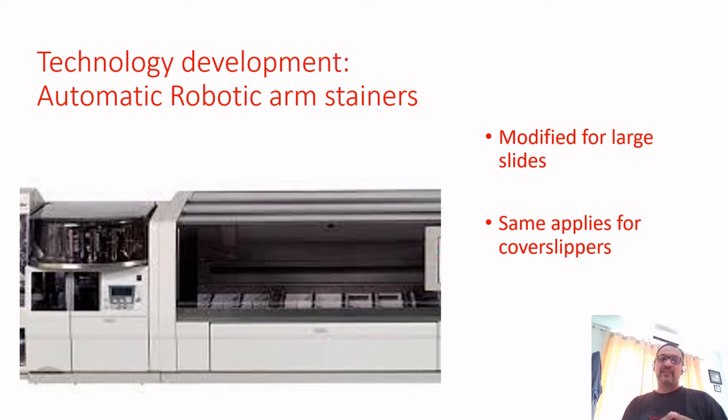We have automatic robotic arm stainers, which take a bunch of slides, dip them in whatever solutions we need for X number of times, and also cover slip them, and the end result is you already have a stained section on a glass slide for further analysis. It's important to develop this automation simply because you want your procedures to be high throughput.